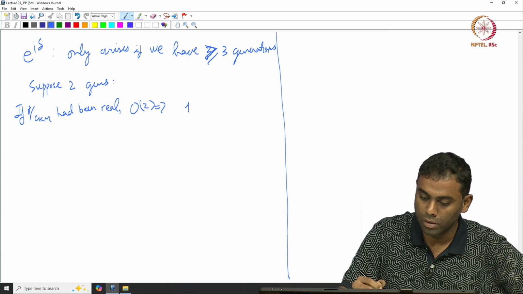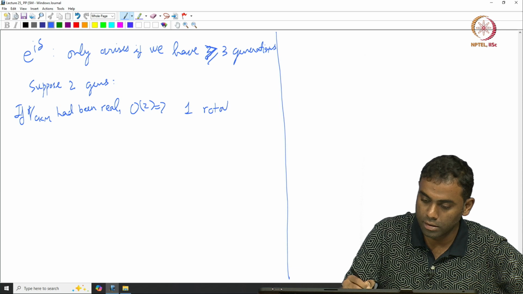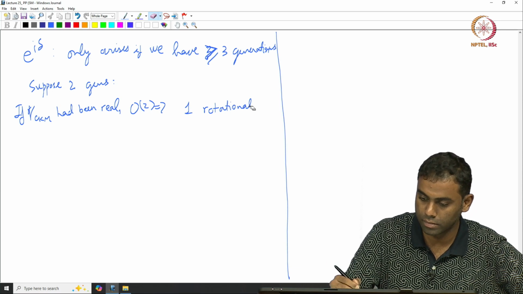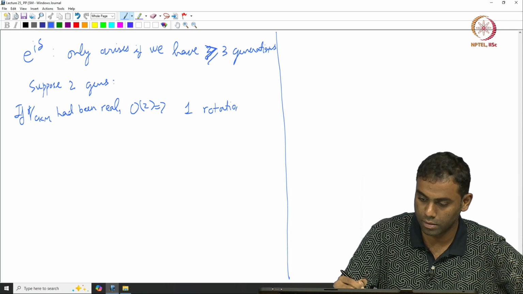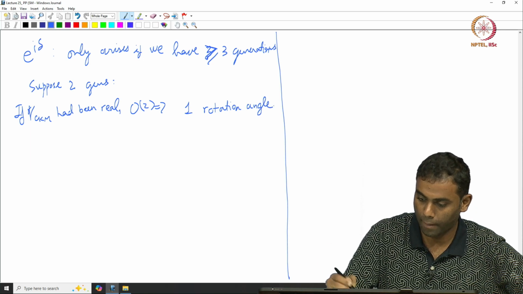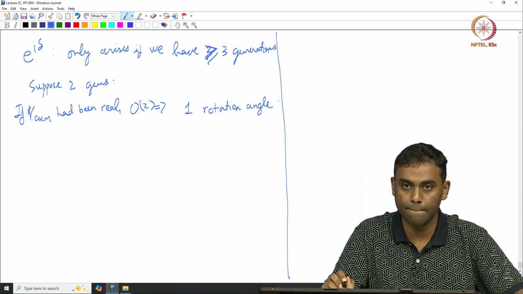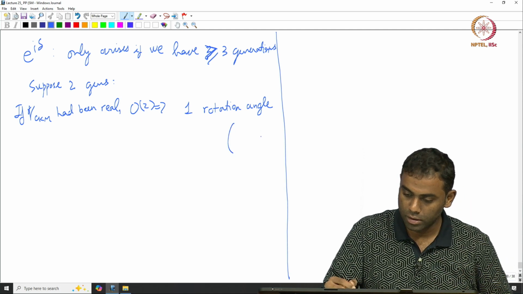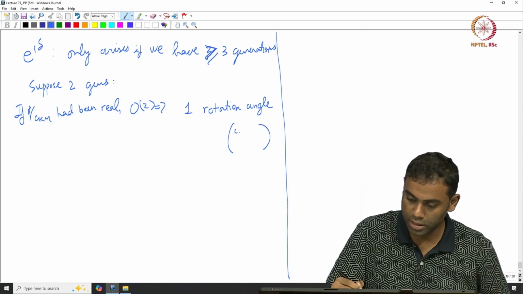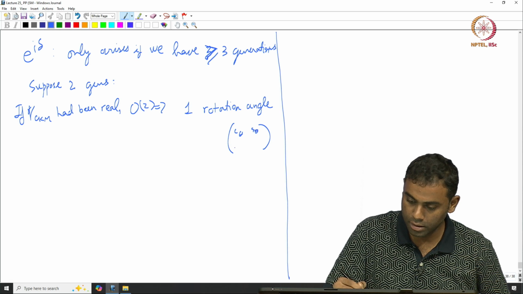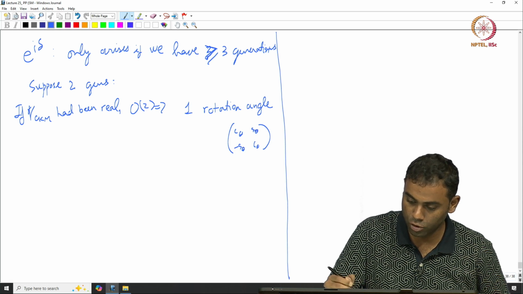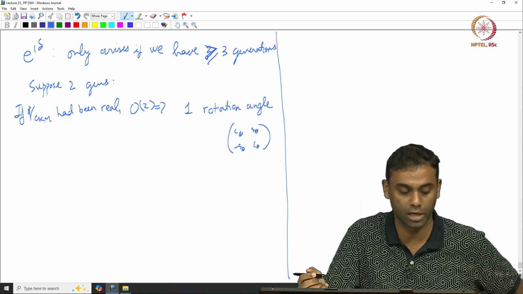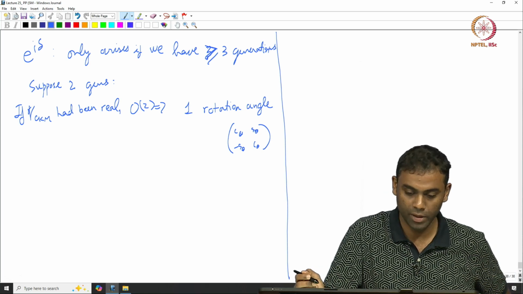I have 1 rotation angle. Agreed? So, we write it as cos theta, sin theta, minus sin theta, cos theta, that is what we would do if we had just 2 dimensions, correct. So, this is 1 rotation angle.